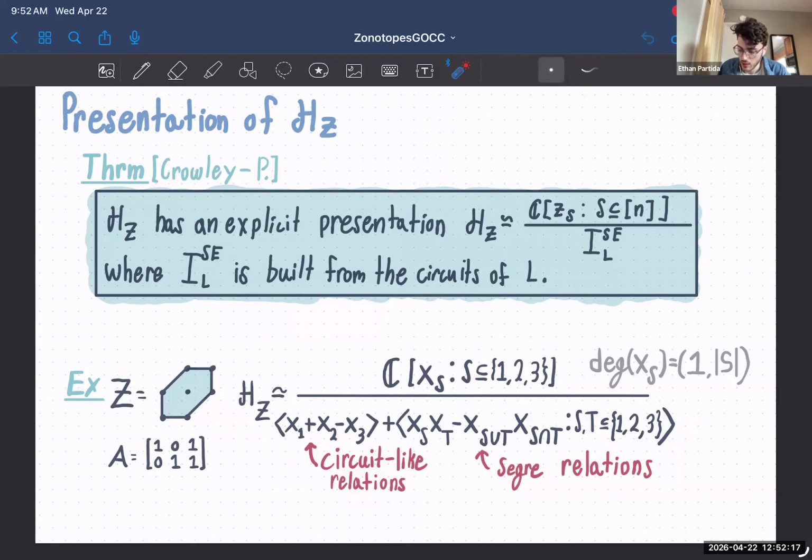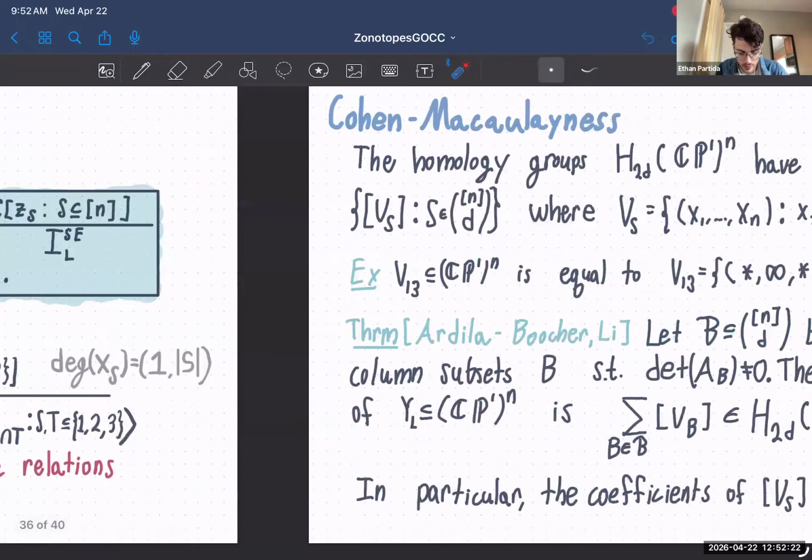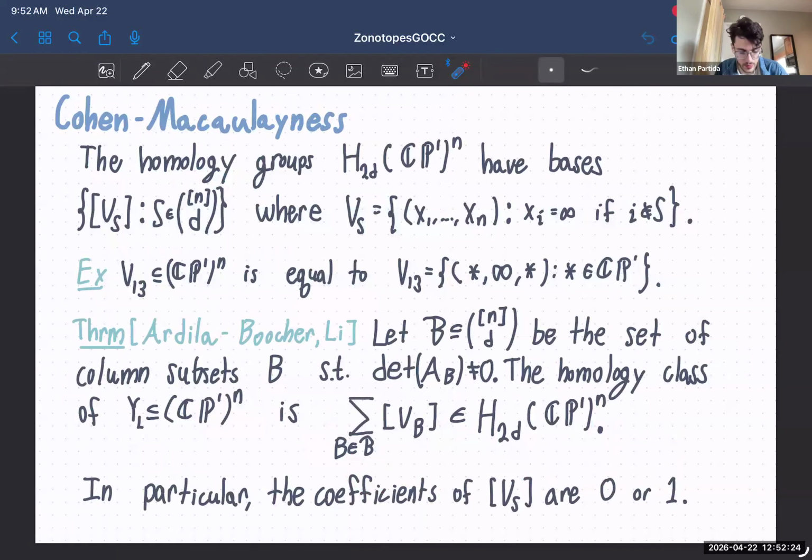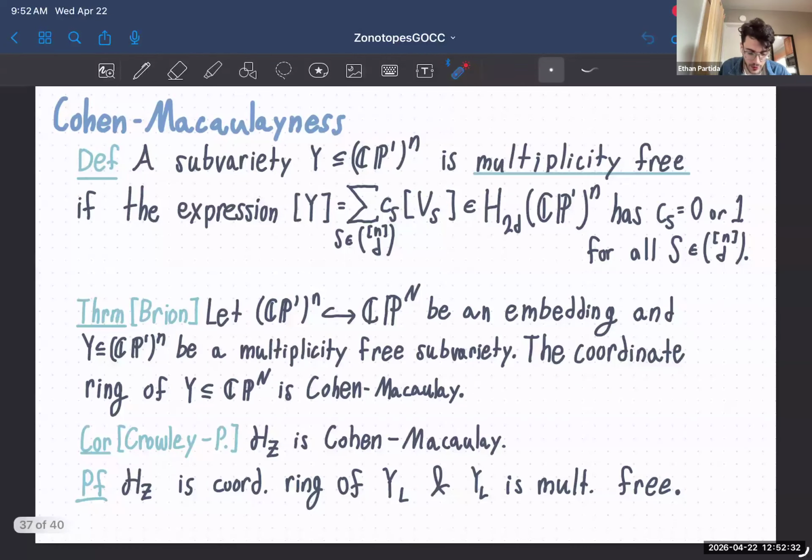Okay. And the Cohen-Macaulayness, I don't think I'll have the time to give the proper details. But there's some nice combinatorics of arrangement Schubert varieties. And there's a very powerful theorem of Brion that we end up using, which basically says if I have a nice kind of variety sitting inside of projective space, automatically its coordinate ring is a Cohen-Macaulay ring.